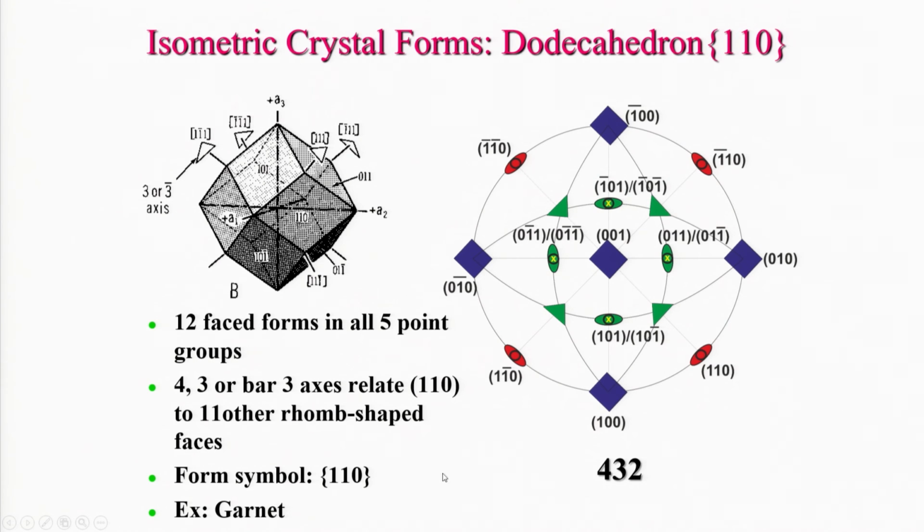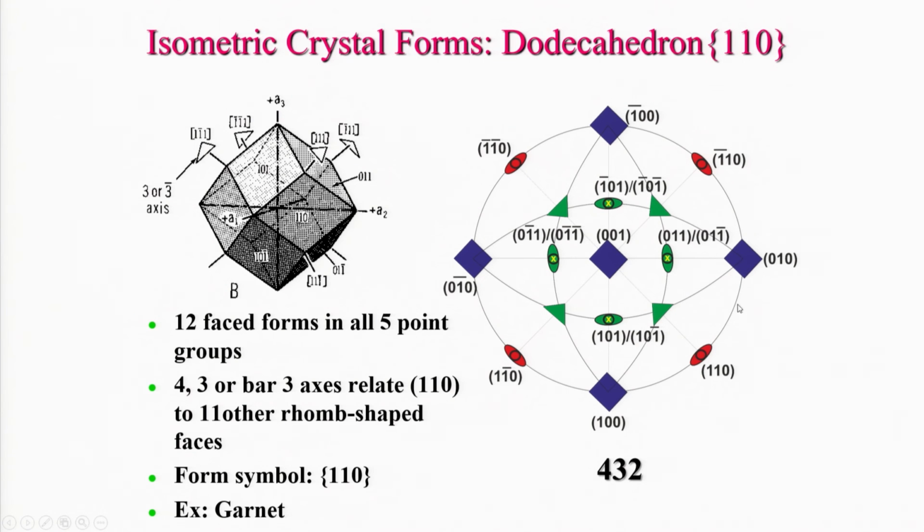So, let us start with one of the point groups of symmetry, that is 4 3 2. So, where will be your 1 1 0 phase here? 1 1 0 phase will be this position here. So, why is this the position? Because if this is the position of 1 0 0 and if this is the position of 0 1 0, in between will lie this 1 1 0.